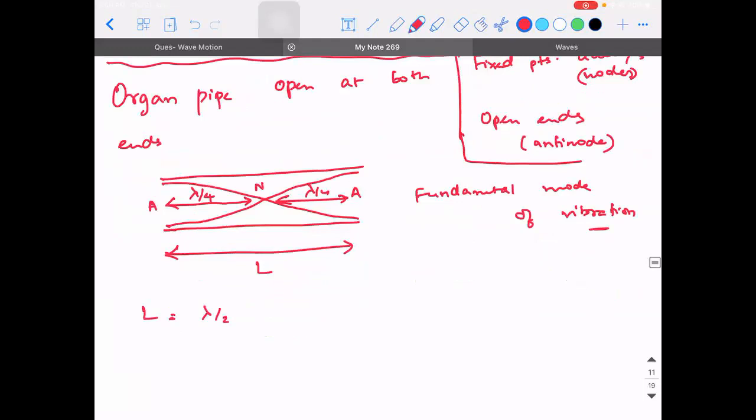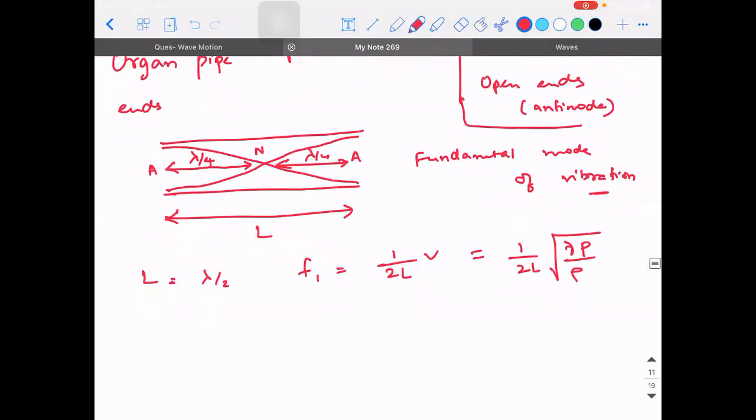If you do all these things, you can calculate and see that the fundamental frequency in this case is 1 by 2L into V only. V in the case of an organ pipe is given by the expression root of gamma P divided by rho, where gamma stands for the adiabatic constant, P stands for the pressure in that medium, and rho stands for the density. So what will be the name of this frequency?